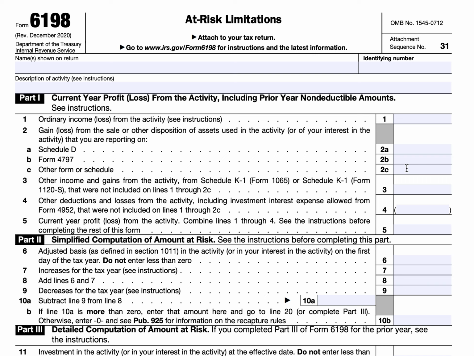So you would enter the amount attributable to the casualty and thefts on line 2C. You would enter Form 4684 on the dotted line next to 2C, and if you did that, you would have to make sure that amount is not included on your Form 4797. So you would have to back that out.